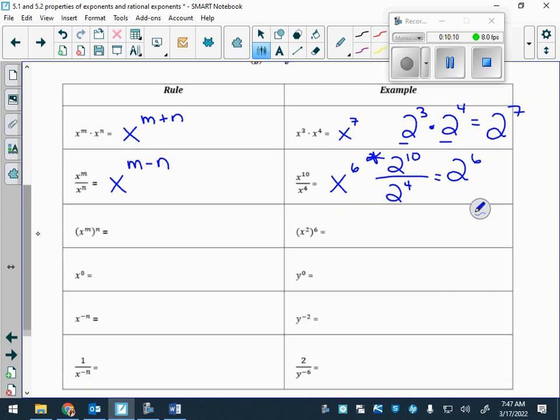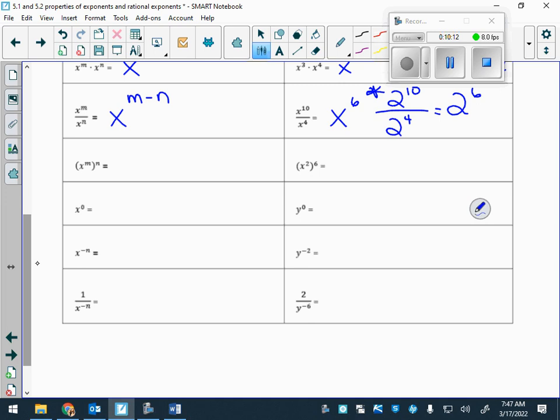All right? How about the next one? If we multiply, what do we get? Go ahead, Ave. x to the 12th. Another example. What would you do in this scenario?